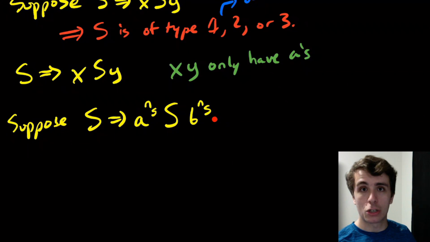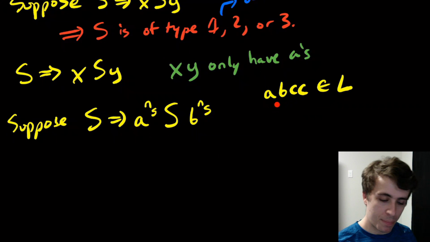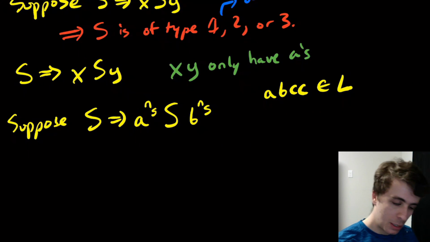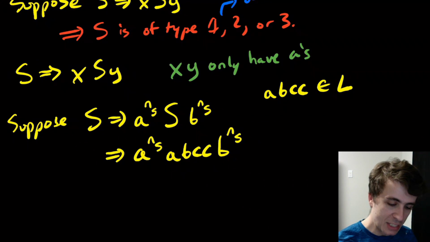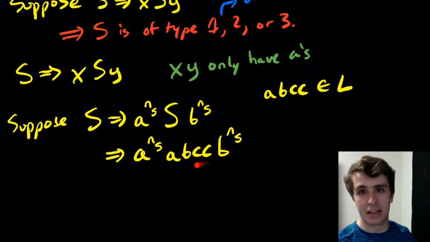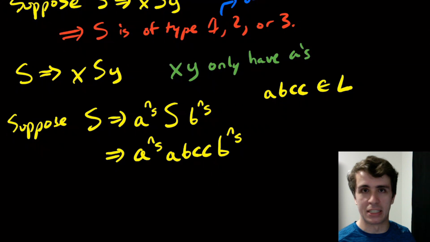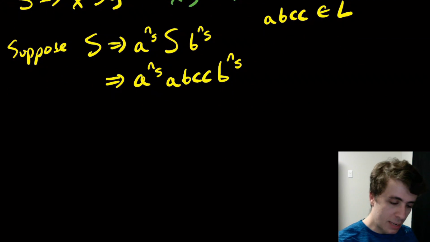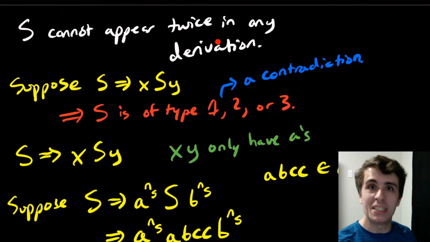But what we can actually notice here is that the string ABCC is in the language because the number of A's and B's is the same. So this should be able to make then a^(n_S) ABCC b^(n_S) with n_S there. And clearly that's not in the language at all. And in fact, type 3 can be handled almost identically to this because it's very similar. Okay, so that tells us that the start variable can only appear once in any derivation.